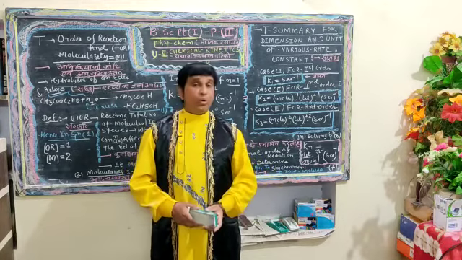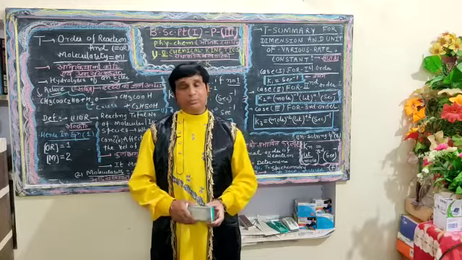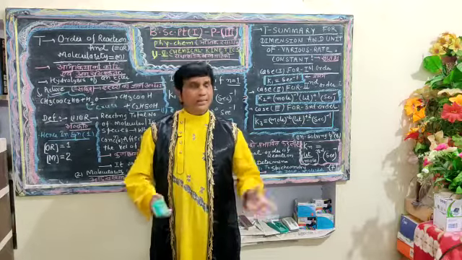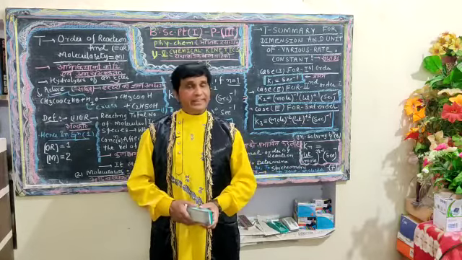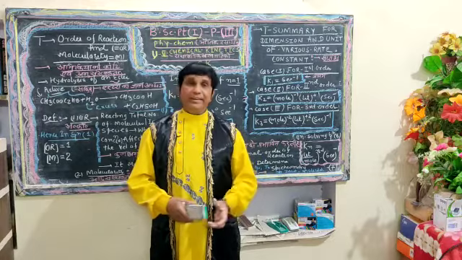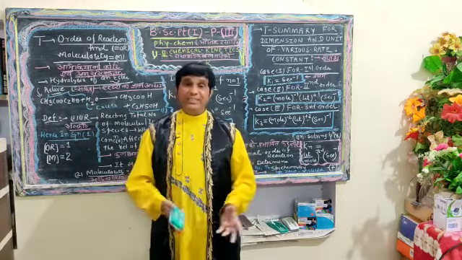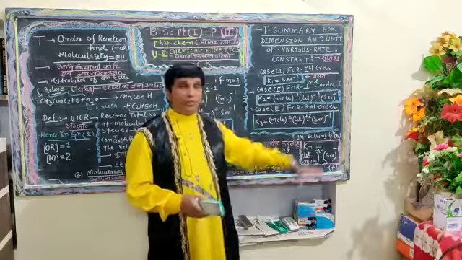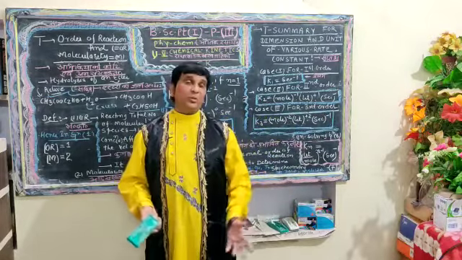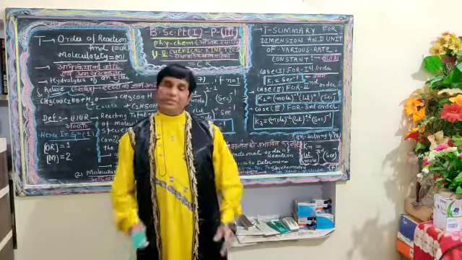In the case of the fourth, which is very special, although all the topics of chemical kinetics are very important, the fourth one is the kind of specific reaction rate, which is also known as velocity constant.